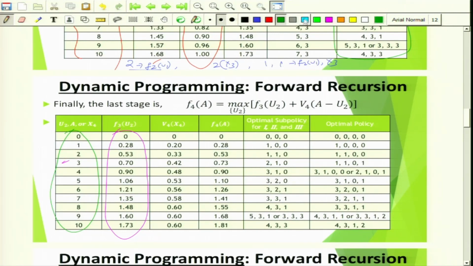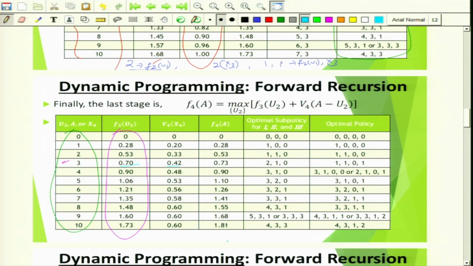Now if I have 3 units to invest, then the possible combinations could be, let's say I take a total of 3 on the best combination of the previous one, which is F3 of U2, which is coming out to be 0.7. If I totally invest 3 on X4, it comes out to be 0.42.